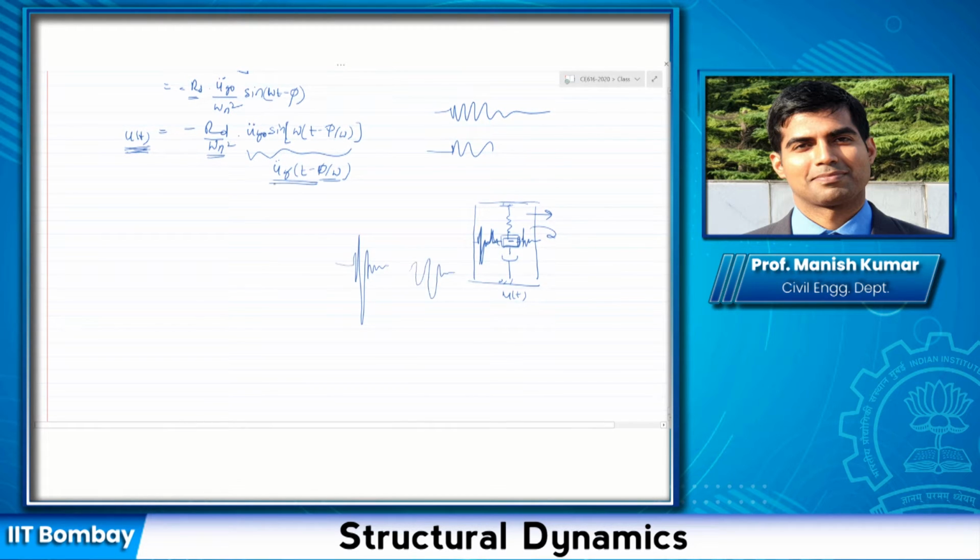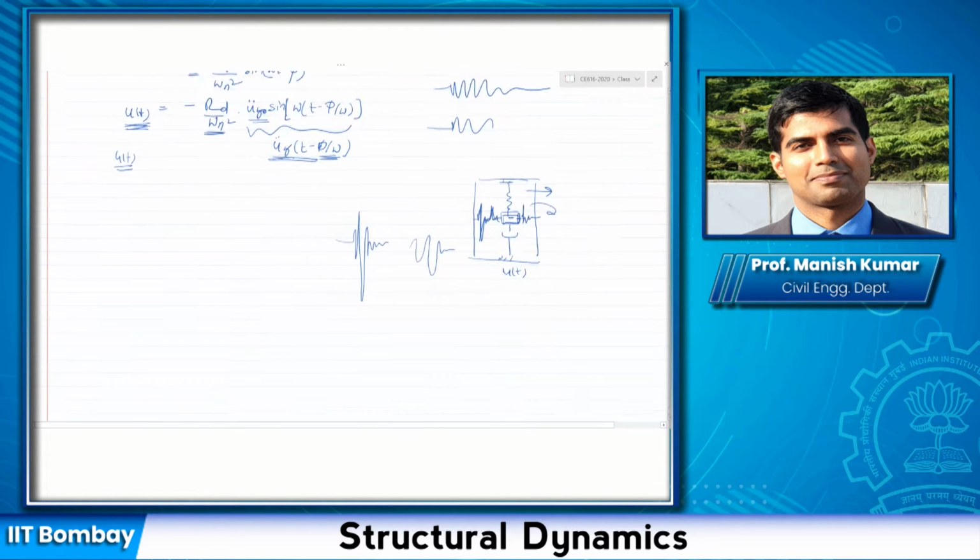It would still give me the u_g, which is independent of the frequency. So the idea here is, if I can measure u_t from this graph, then to measure acceleration, all I need to do is make this independent of the excitation frequency, and this phi by omega also independent of the excitation frequency.